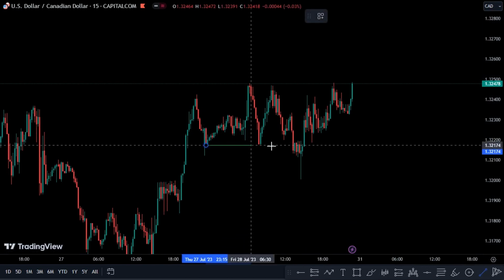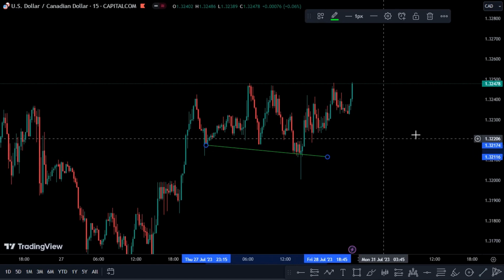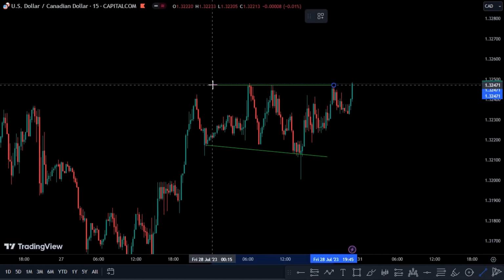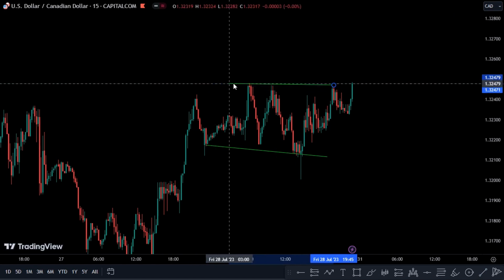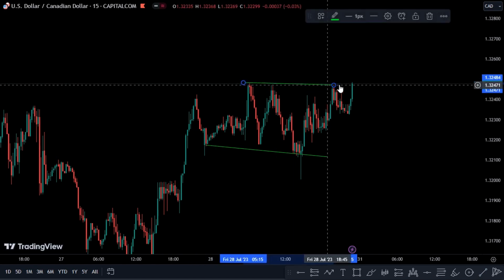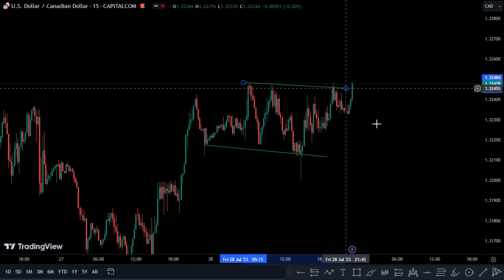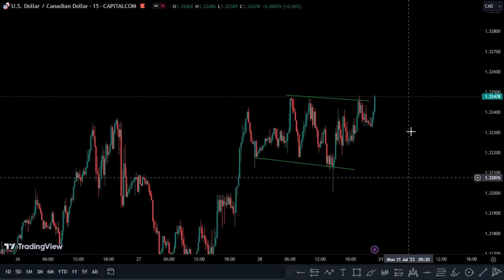Okay, then we can see here this continuation pattern that we had right here, and I love this type of pattern. This is how I caught the trade on NZDJPY, by making use of these patterns.